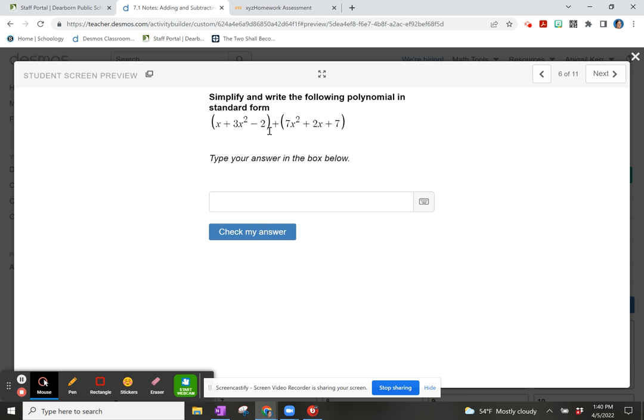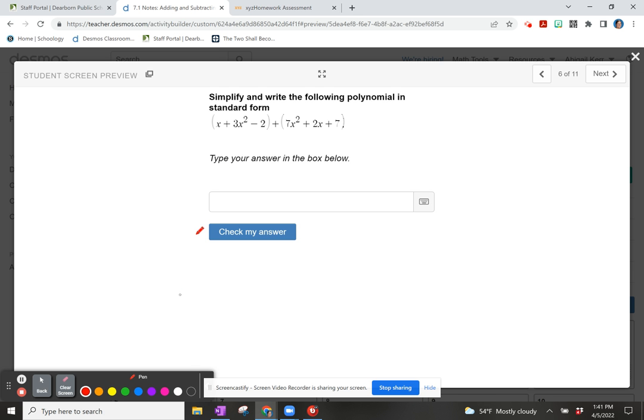You're going to do the same thing for slide 6. We have a plus sign. So that means the parentheses can go away. Act like they're not there. And then we can combine like terms. Now, when we get into subtraction, that's going to be a little bit different, okay?